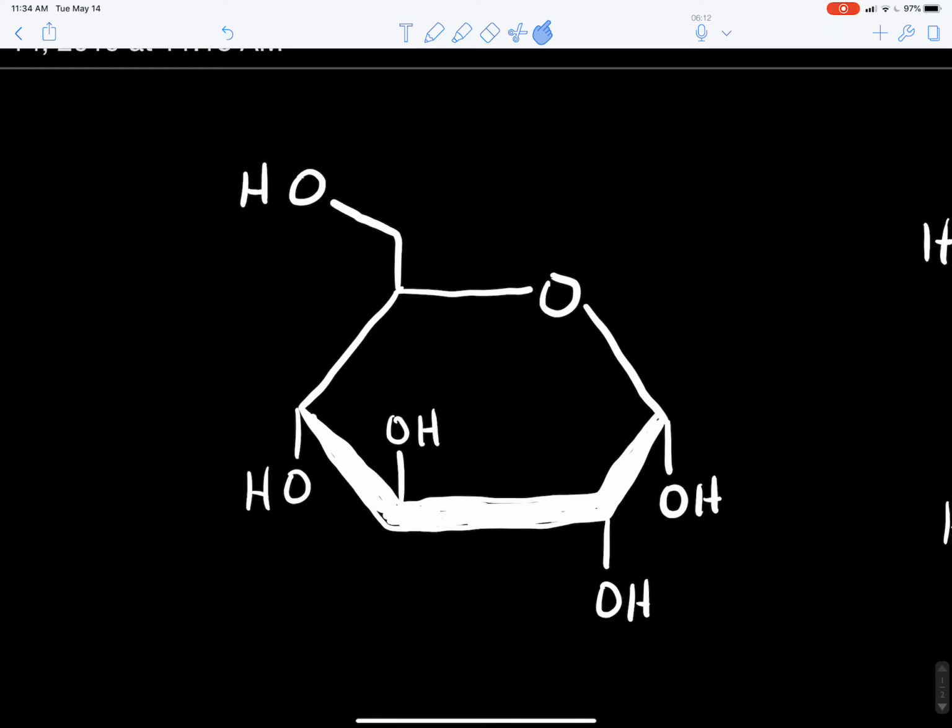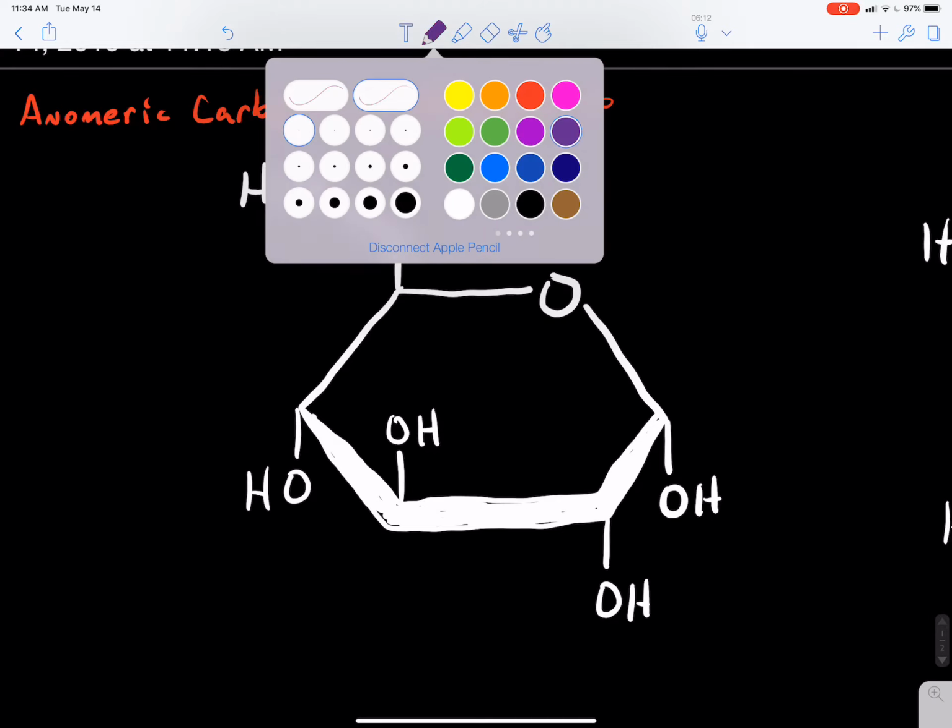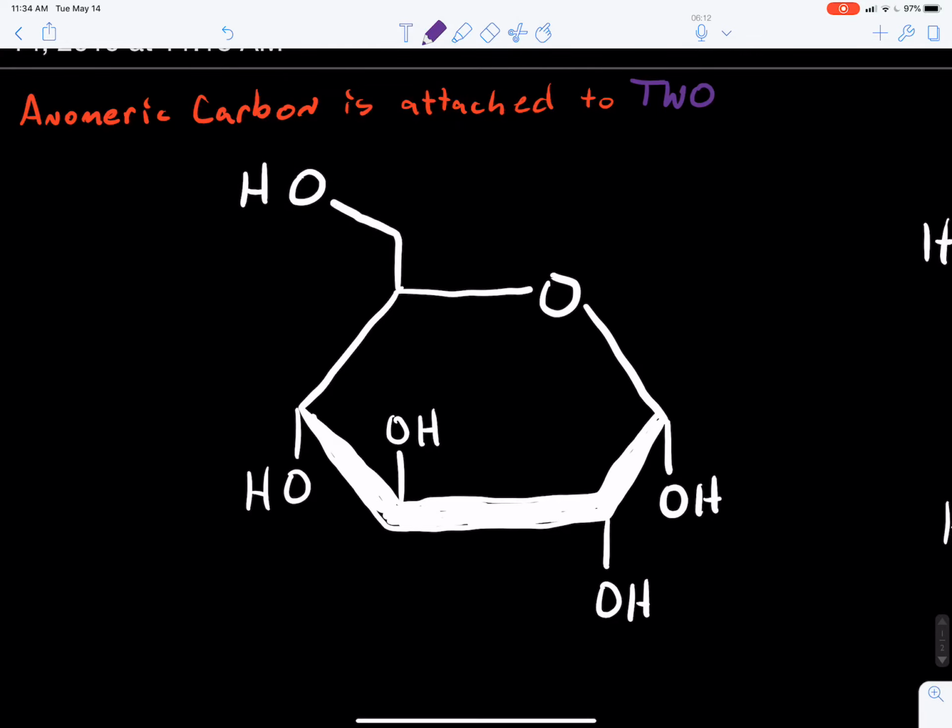The first thing we're going to do is look at the sugar and identify the anomeric carbon. If you don't remember, the anomeric carbon is attached to two oxygens. So let's find it.